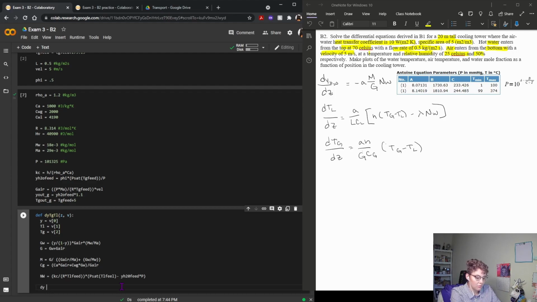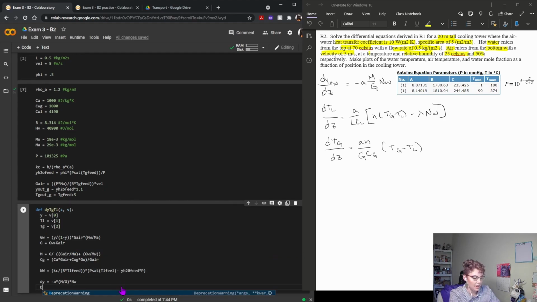We have the differential equation for our mole fraction, and that is equal to negative specific area times the average molecular weight divided by the total gas flow rate, and then that is multiplied by the molar flux of the water.